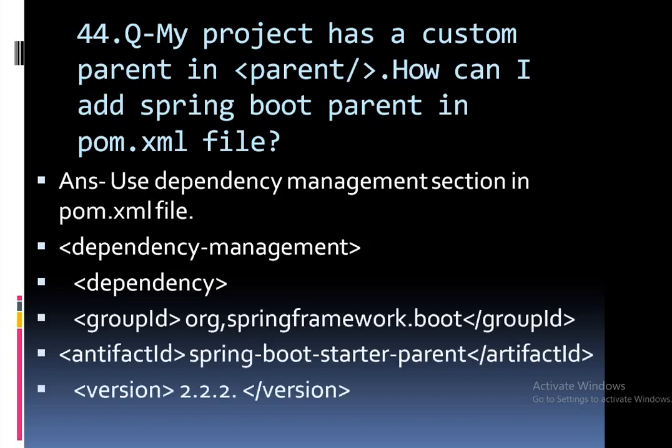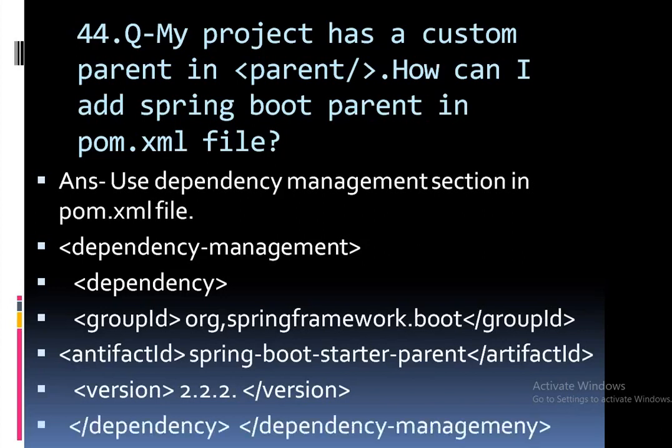The dependency can be added like dependencyManagement and dependency, with groupId org.springframework.boot, and in artifactId we need to mention the parent, spring-boot-starter-parent, and also we need to add the version. So by adding a dependency only, we can add a parent.